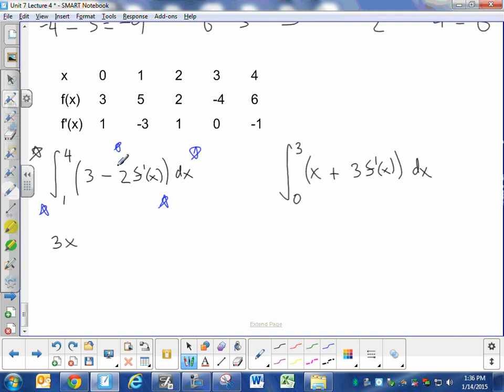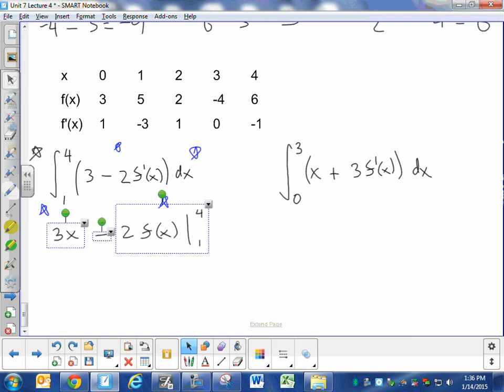The antiderivative of negative 2 f prime, well, that constant times this f prime, the antiderivative would just be the constant times the antiderivative. Now, this would have to be evaluated between 1 and 4.